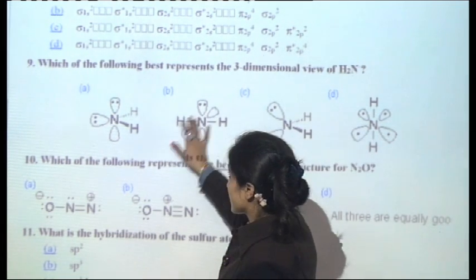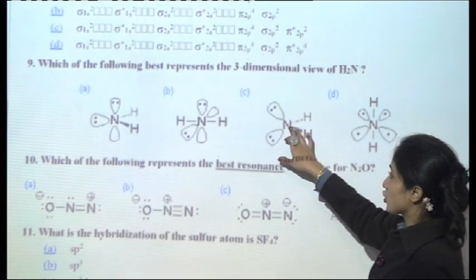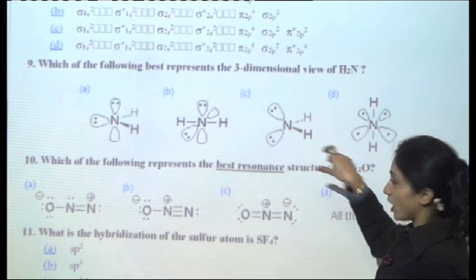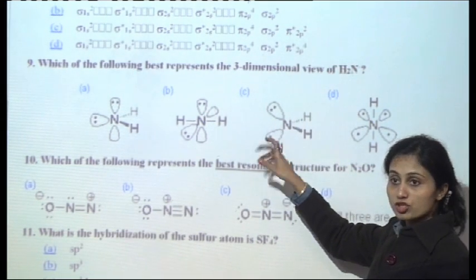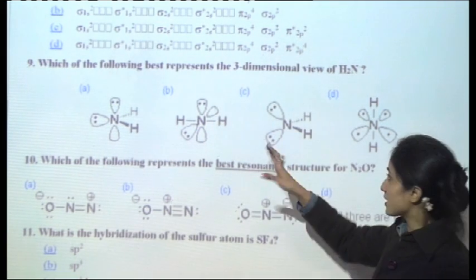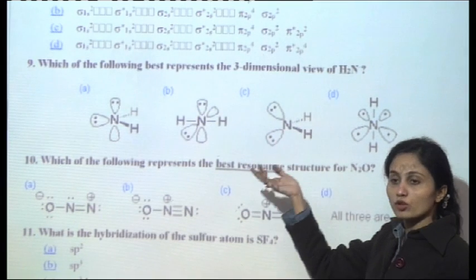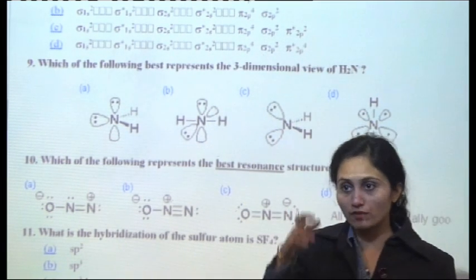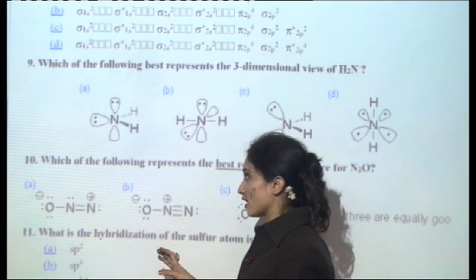Here in this case, the best option is C. Why? Because your hydrogen atom, one is coming out of the plane, the other is going inside, and your lone pairs are also situated in a similar fashion. Okay? So instead of one hydrogen, you're adding up a lone pair. So it is some kind of that geometry only, fixed up in the tetrahedral kind.